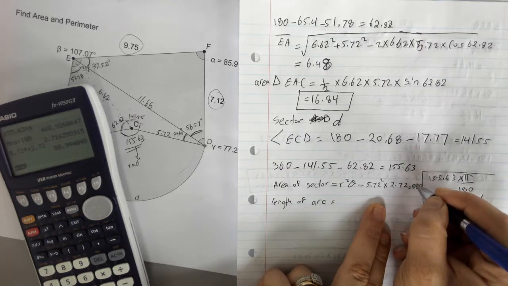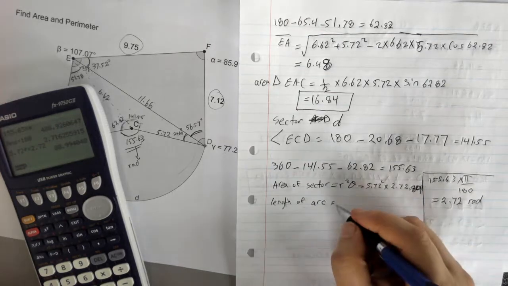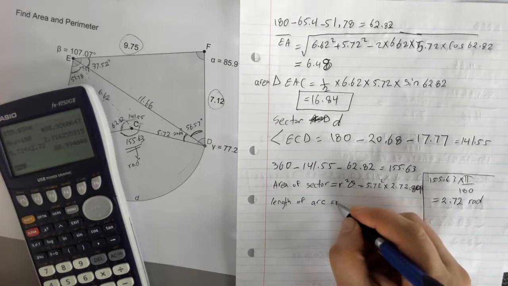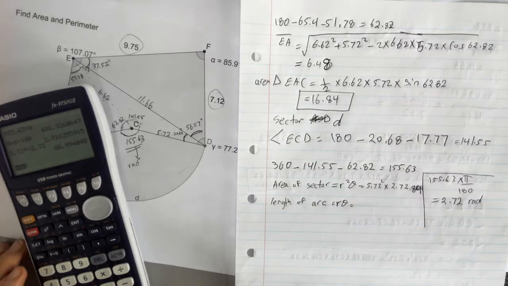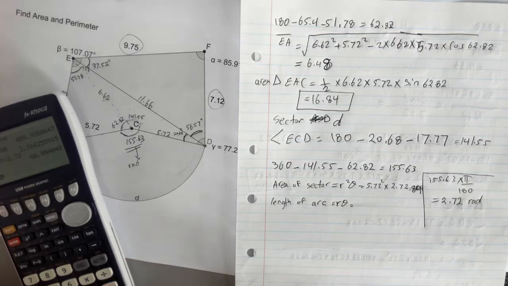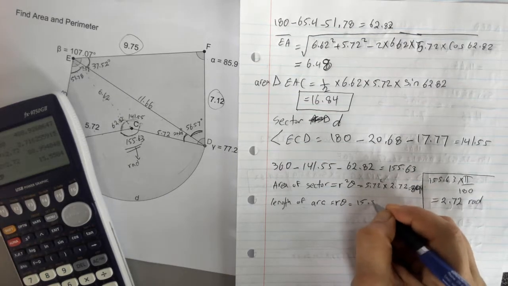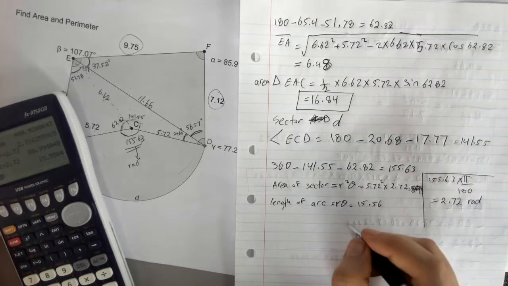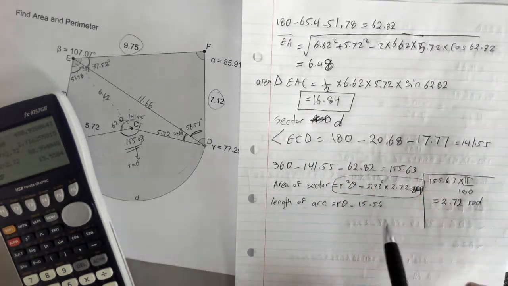So it's 89. Now the length of arc is r theta, so it's 5.72 times 2.72, and that is giving me 15.56.